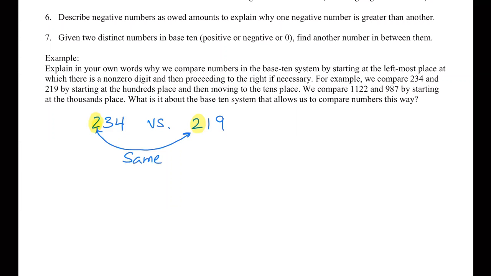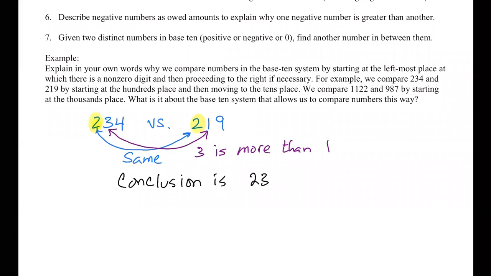That's the same, so we move to the right. When we move to the right, we say that 3 is more than 1. So the conclusion, keeping it in simple terms, is 234 is more than 219.